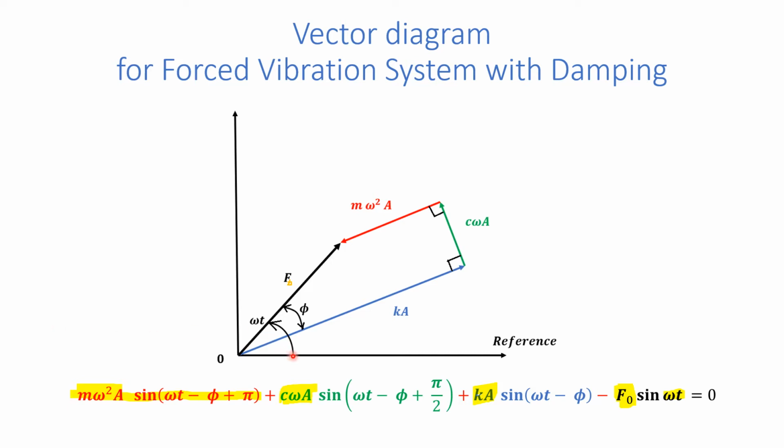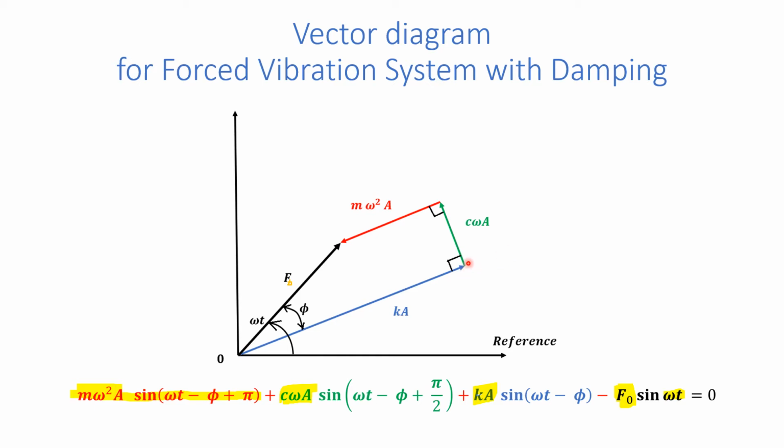So at omega t we draw F naught external excitation. Then spring force is lagging omega t by phi. We come back by phi and we draw the spring force with amplitude kA. Then damping force is advancing the spring force by pi by 2.